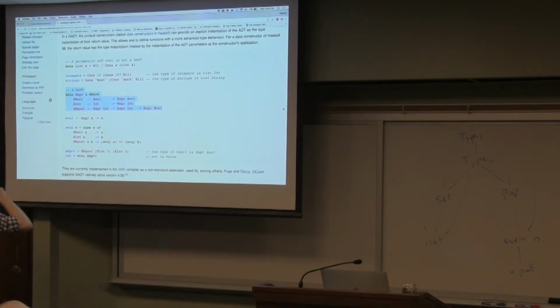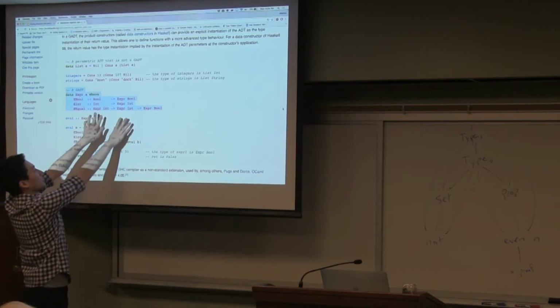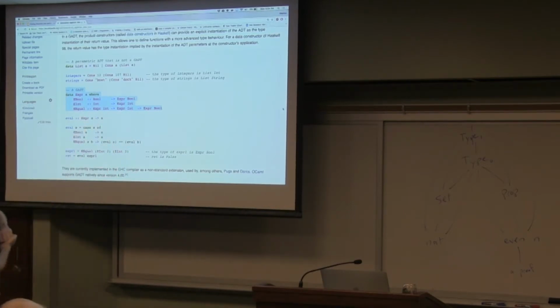So it's impossible to construct an expression which would be a type error if you were to evaluate it some way. In other words, Equal is a thing that takes two ints and returns a bool, supposedly in this language, so I can't even call it with anything other than ints. That's something that GADTs let you do that regular data types would not.